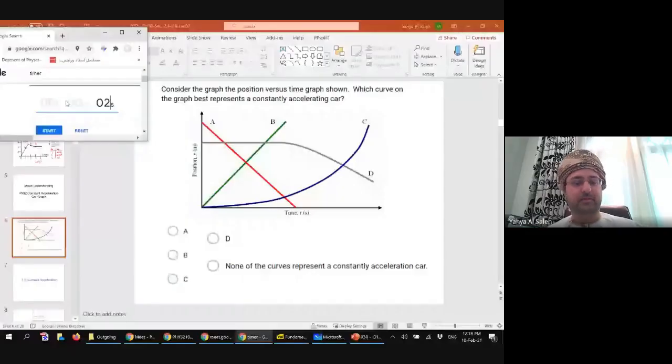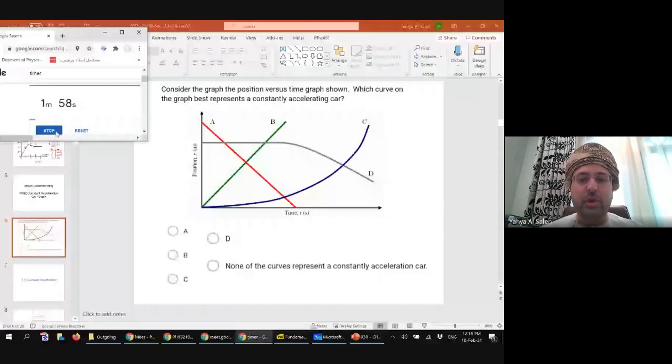I'll give you 2 minutes for this. We look at a graph of position versus time, and we want to know which curve best represents a car that is constantly accelerating. Okay, a car that is accelerating all the time, so its velocity is constantly increasing.